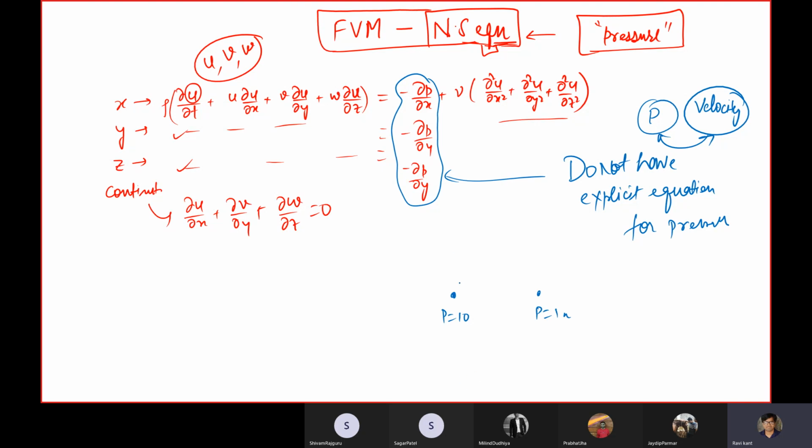Flow may happen from this side to that side, and that is why this intermediate grid point will have some velocity only because there was a pressure difference. But the problem here is pressure does not have any explicit equation.